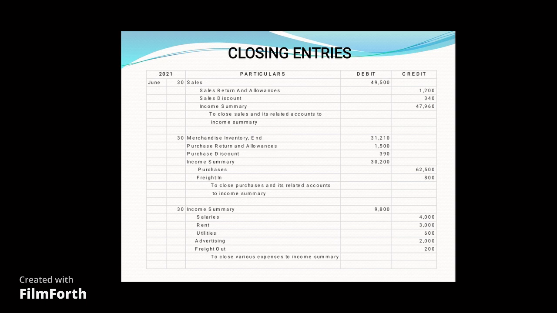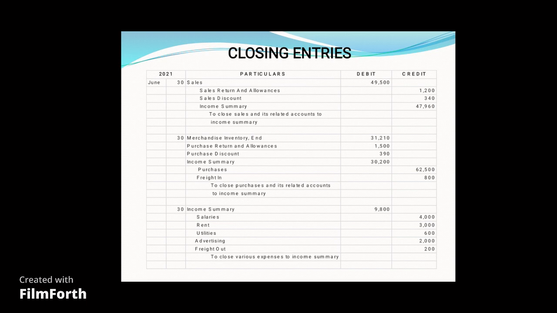In closing entries, all income accounts are debited and all expense accounts are credited. So the resulting balance is recorded in a clearing account called the income summary. And the balance of income summary is closed to the owner's capital account. Any balance in the owner's drawing account is closed to the owner's capital.